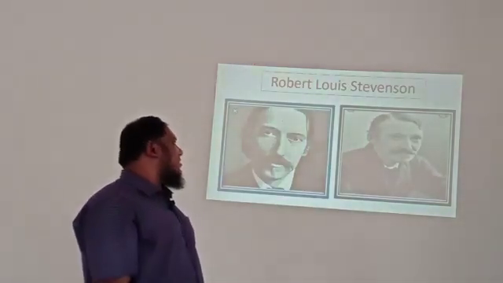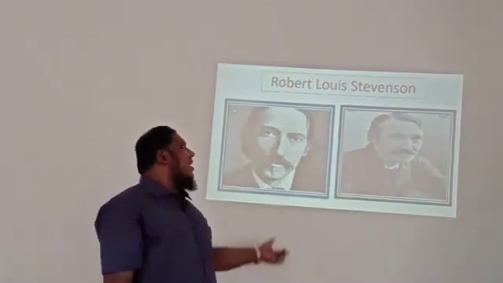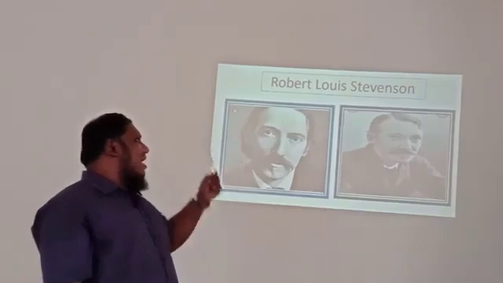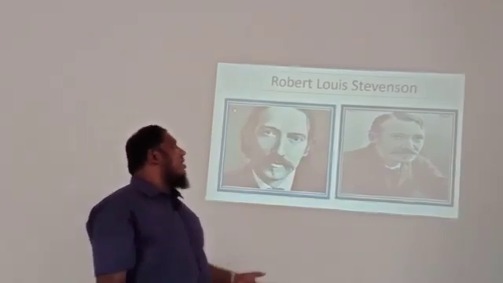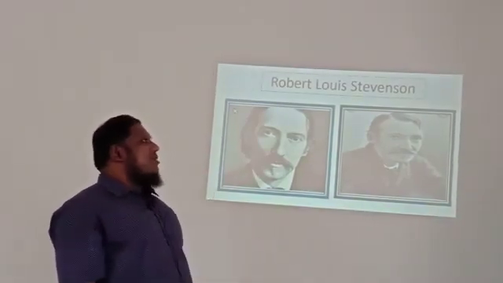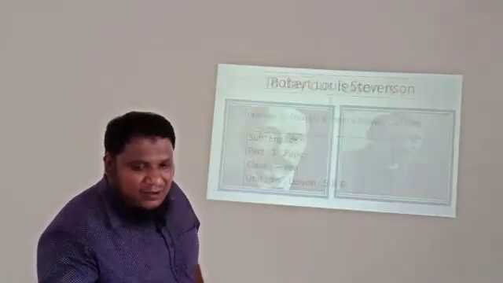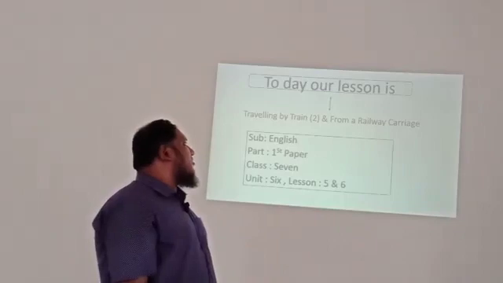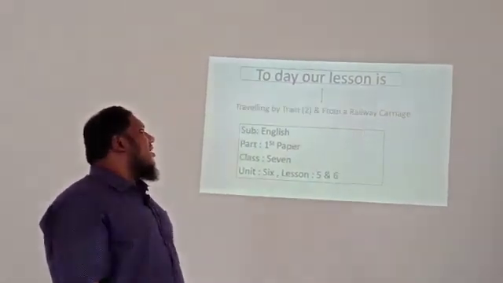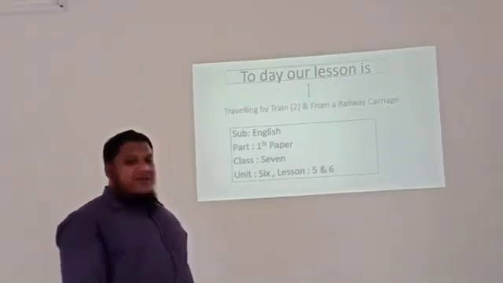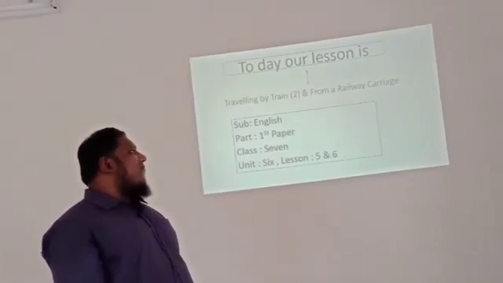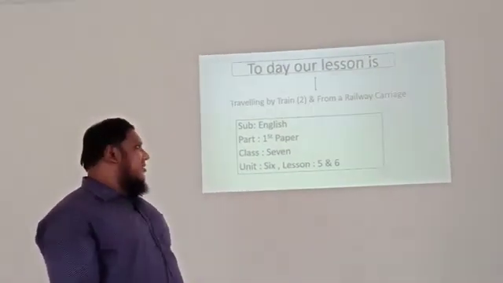Next, we see two pictures, and he is a great man. He is a poet. His name is Robert Louis Stevenson. So, students, it is very easy to guess. Today our lesson is Traveling by Train and From a Railway Carriage.